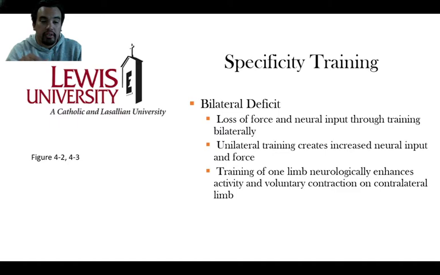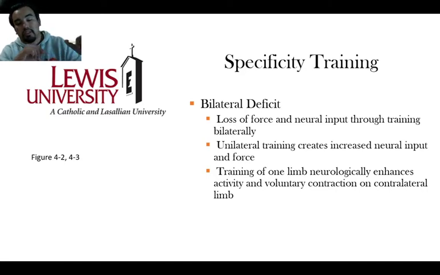Unilateral training, on the other hand, creates an increased neural input and increases the amount of force that I'm able to put out. Okay, so a single arm dumbbell press versus a bench press, I'm going to see greater motor unit and neural input off my single arm press than I am my barbell bench press.